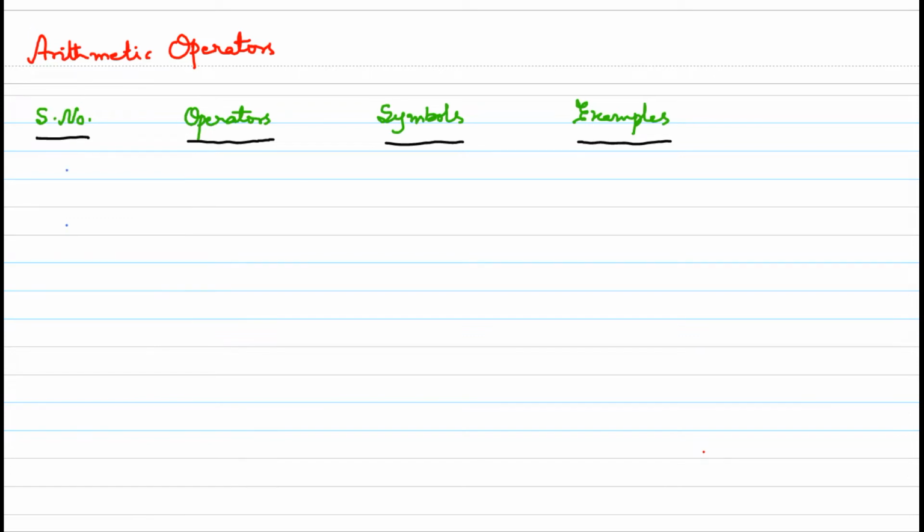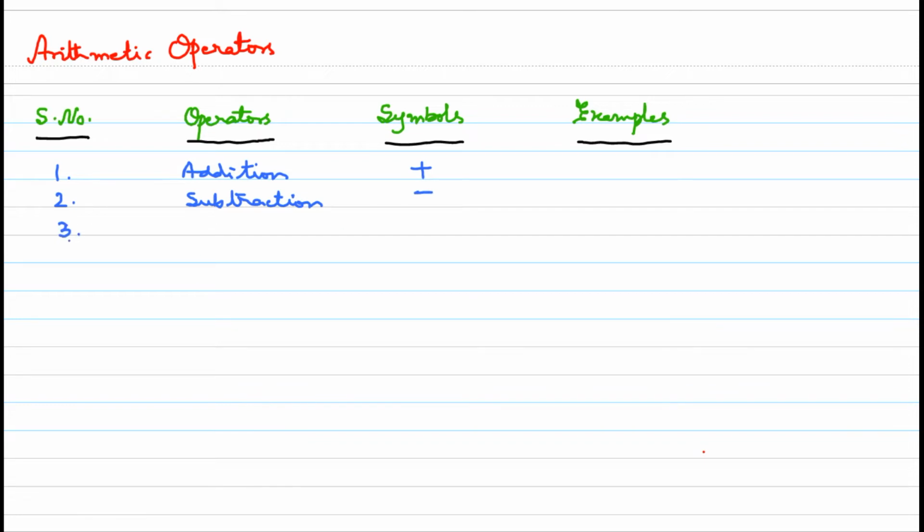The first one is addition. As we know, the symbol is plus. The second one is subtraction, and the symbol is minus.